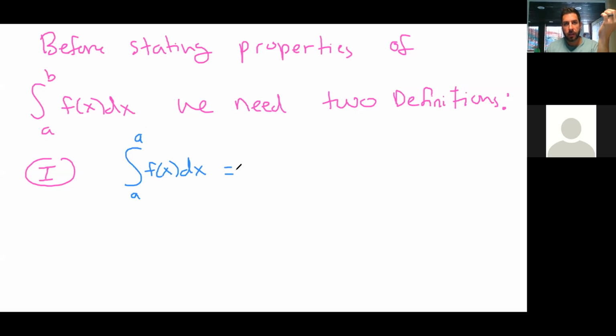And if you want to assign meaning to that, the only thing that makes any sense would be to assign the value 0 to this. If you integrate from 5 to 5, the integral is 0, no matter what f is. If you integrate from -6 to -6, the integral should be 0, no matter what f is.